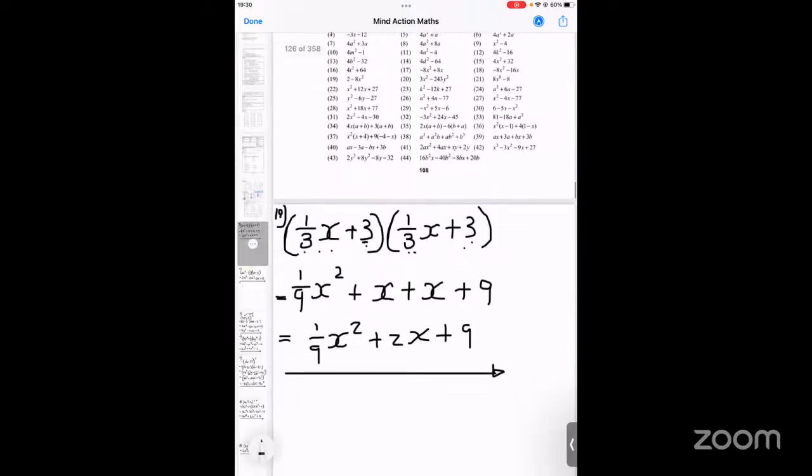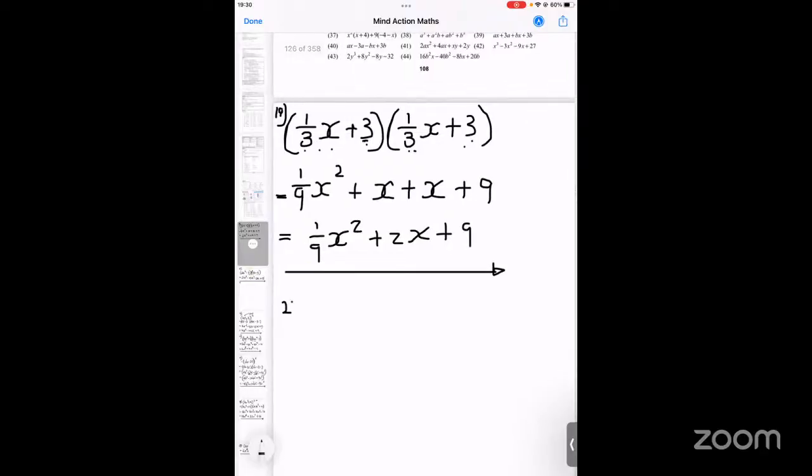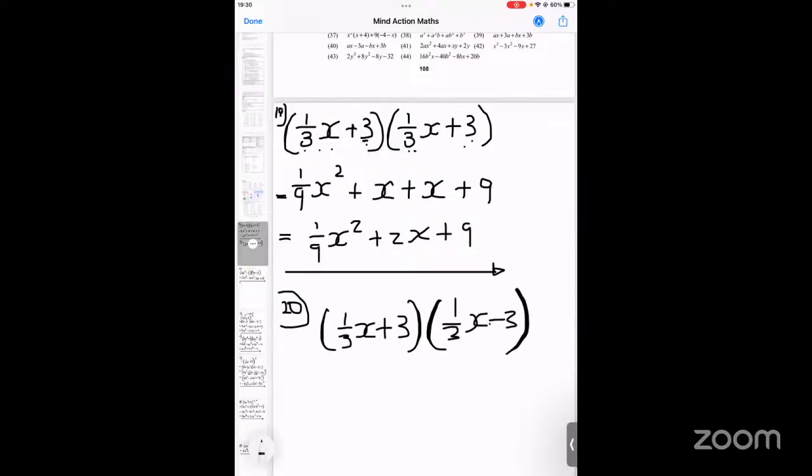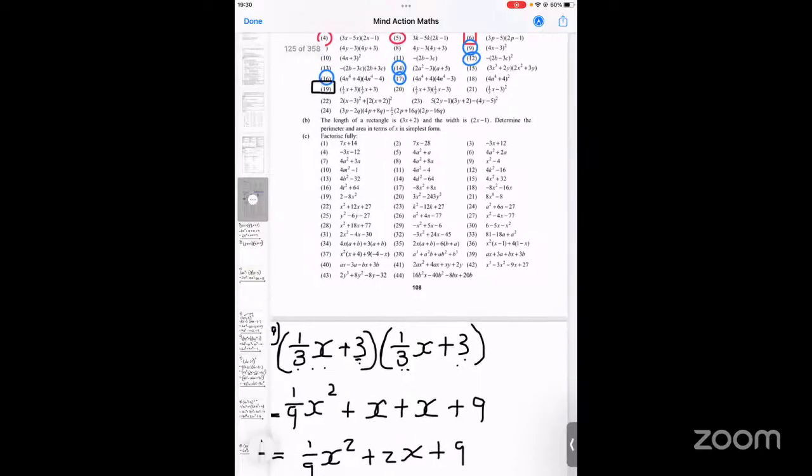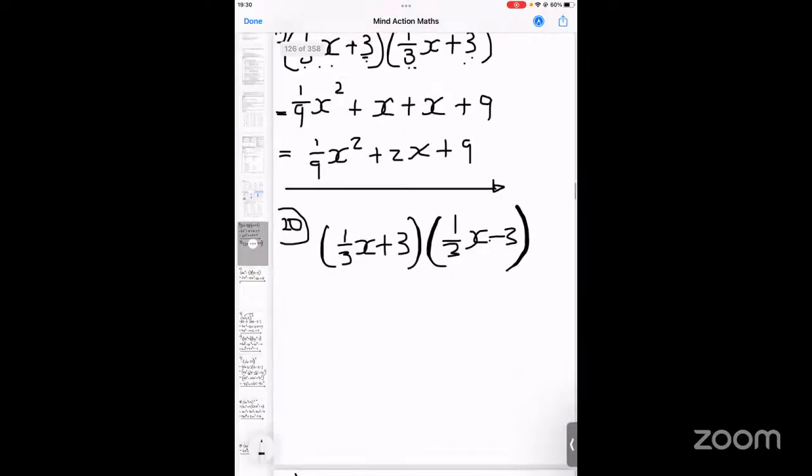Let me do the next one. I do not want to take any shortcuts. In number 20, we have 1 over 3x plus 3, and again 1 over 3x, in this case minus 3. So you've got that multiplied by that. It will definitely be 1 over 9x squared.